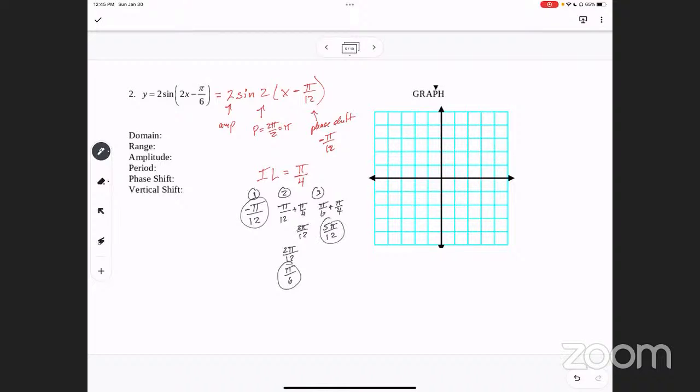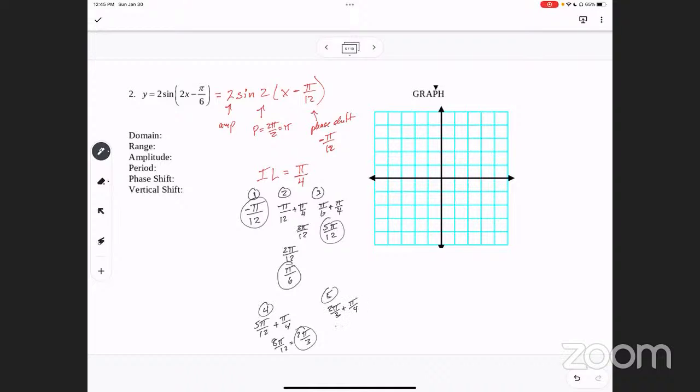Got it? My fourth interval number that I'm writing on my graph is going to be 5/12 plus another pi over 4, because that's my interval length. So that's 8 pi over 12, which is 2/3. And my last one is going to be 2/3 plus pi over 4.